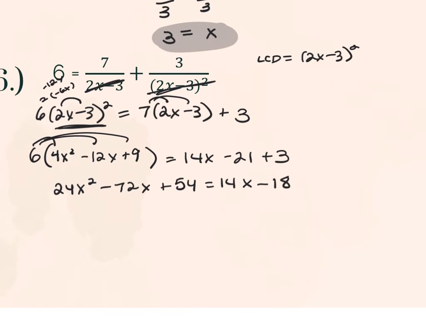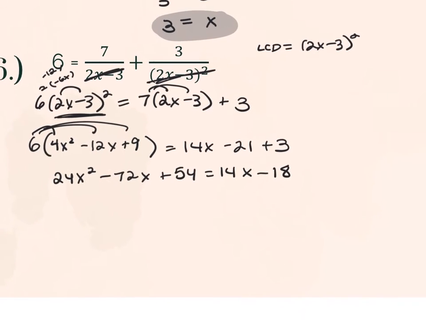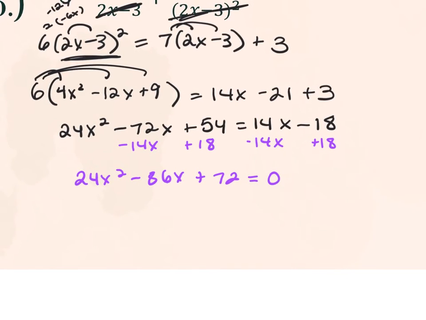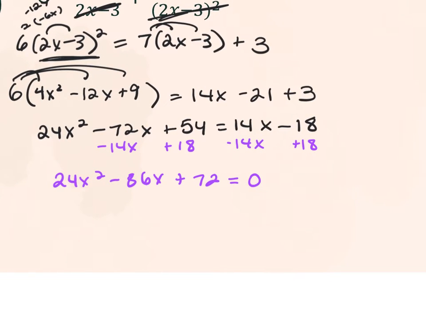Negative 21 plus 3 was negative 18. Get everything to one side. Okay, can I make that easier on myself?